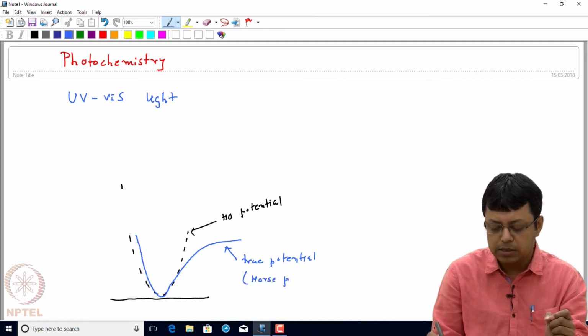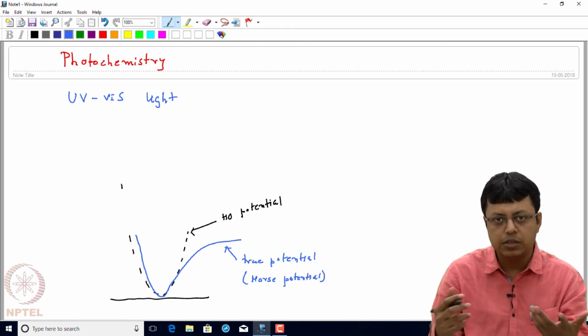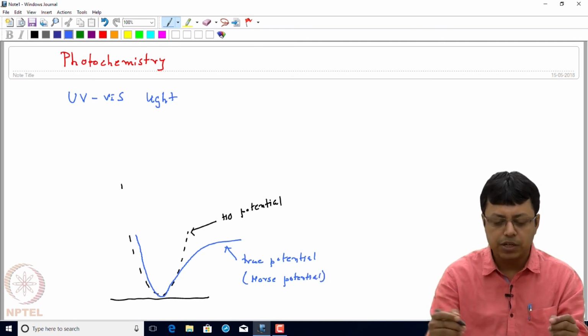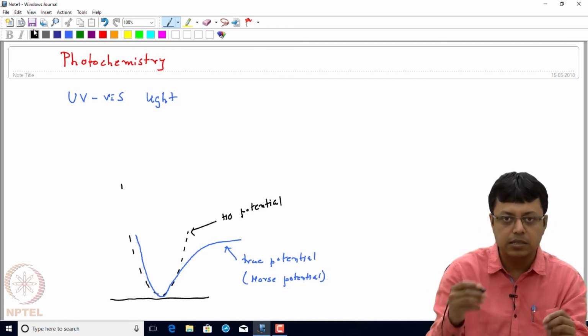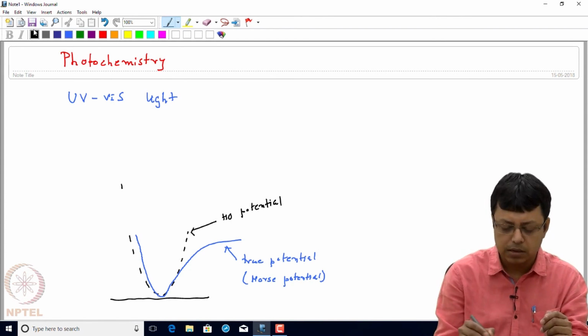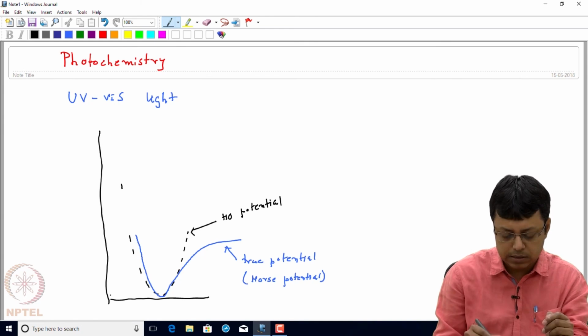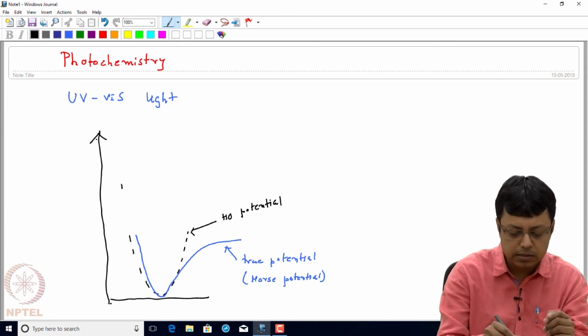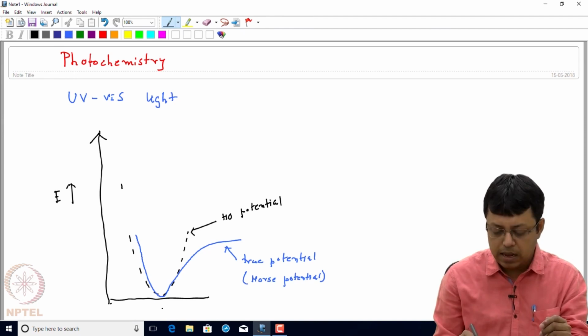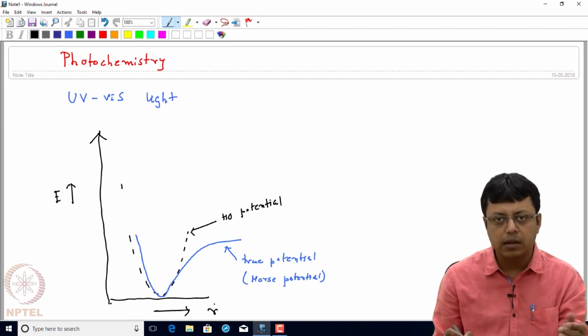So the Morse potential is an analytical form of the anharmonic potential, or you can take the harmonic potential and expand it in terms of nonlinear terms, as we do in a Taylor expansion. Now, suppose this vertical axis is my energy axis, so the energy varies along this axis, and the horizontal axis is the bond length.